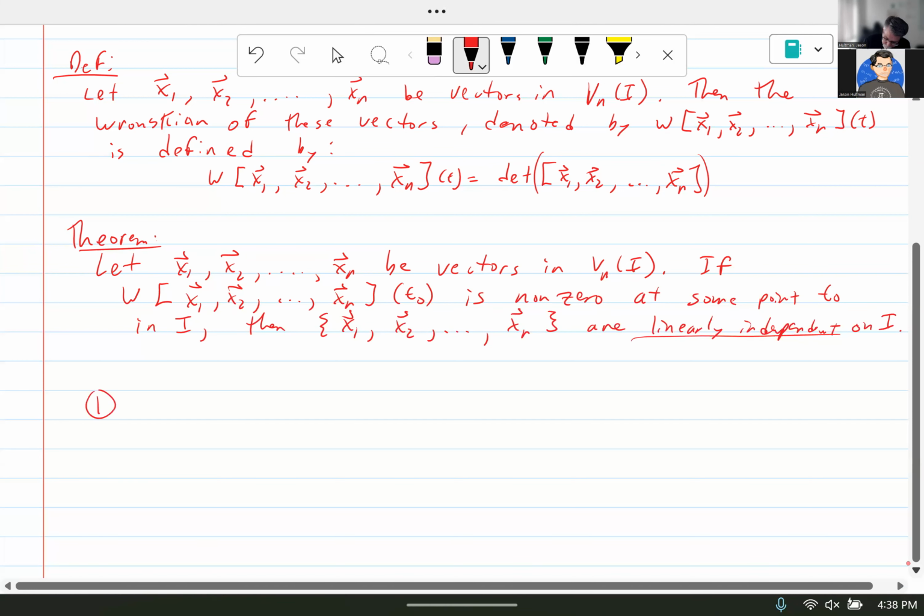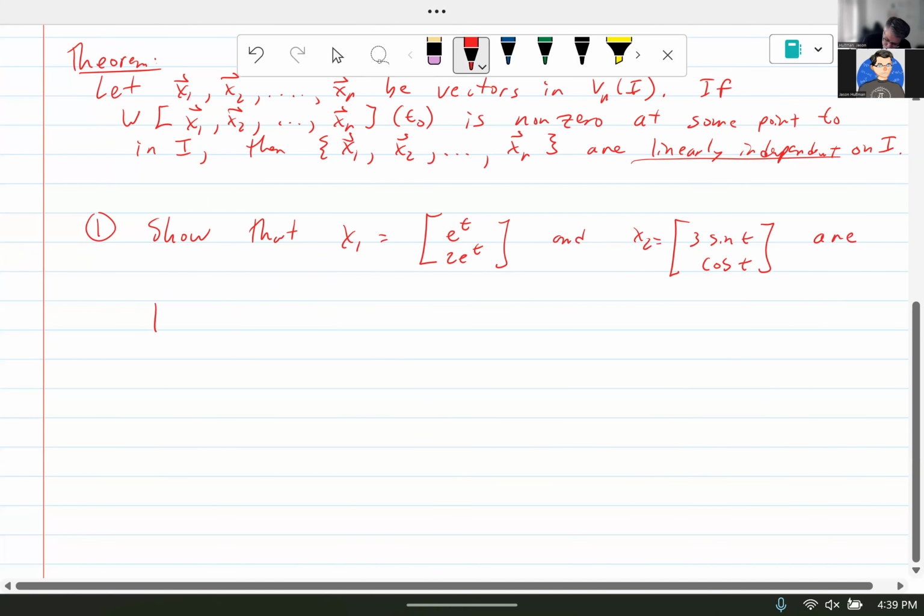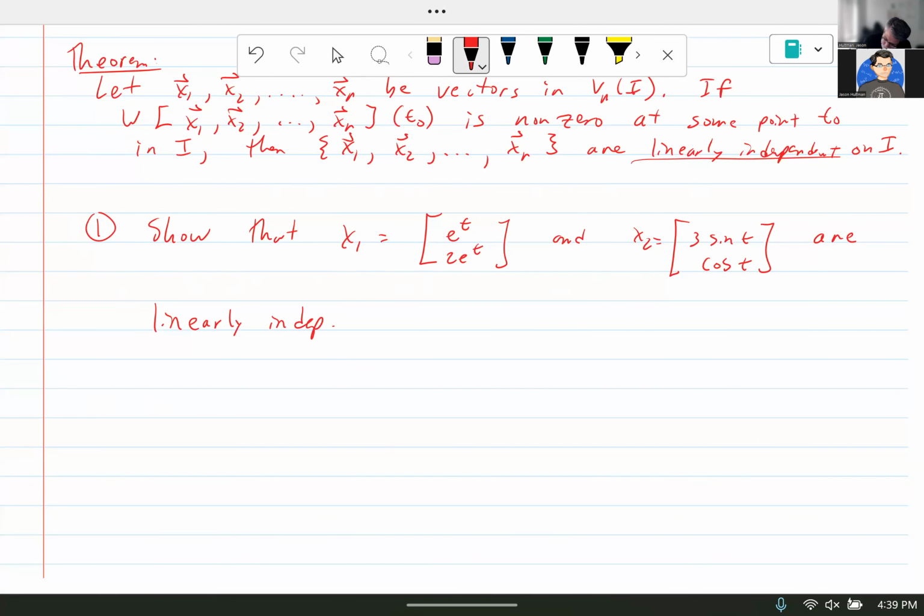Okay, number one. Show that x1 equal to e to the t, 2e to the t, and x2 equals 3 sine t and cosine t are linearly independent on the interval negative infinity to infinity.